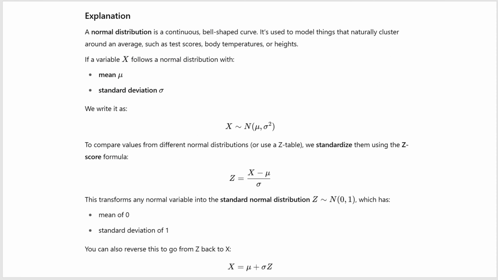So the normal distribution is a continuous bell curve shape. It's used to model things that naturally cluster around an average, such as test scores, body temperatures, heights or ages. So in a country, the mean age of males can be 70 years, and then it is distributed around that.